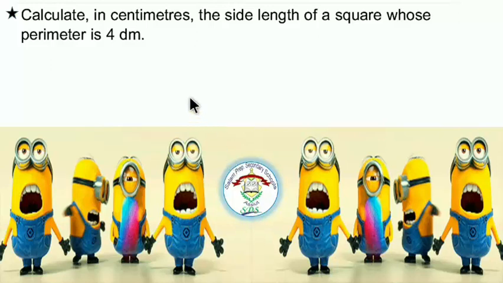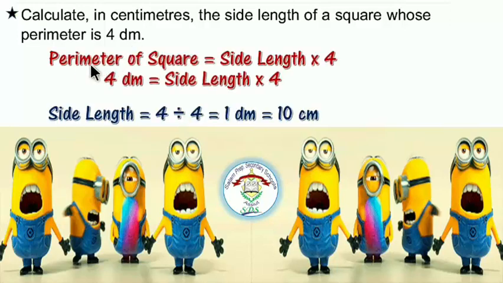Calculate in centimeters the side length of a square whose perimeter is 4 decimeters. We know that the perimeter of a square equals side length times 4.